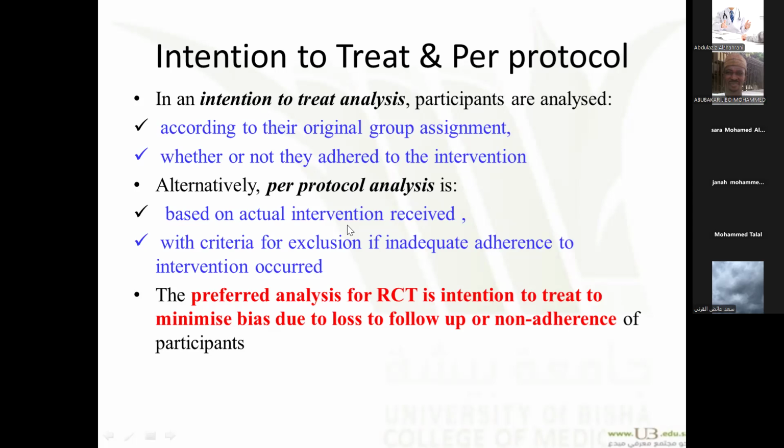Now, the preferred analysis for a randomized controlled trial is intention to treat. So, if you want to use an RCT, the method of statistical analysis is intention to treat. The whole idea is to minimize bias.